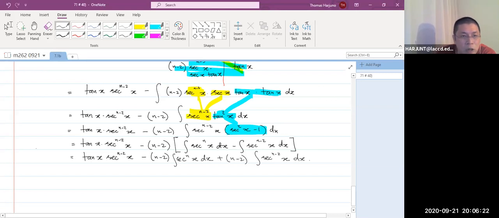Now the thing is, on the left hand side you actually have secant to the n of x dx, right? Which is the same guy with this.